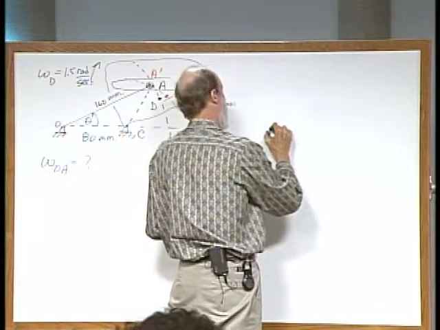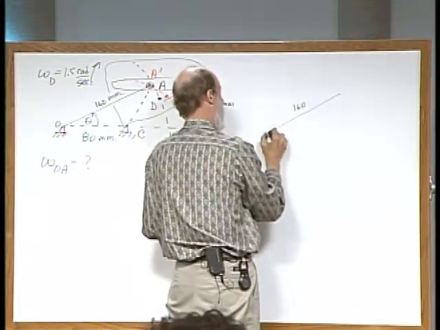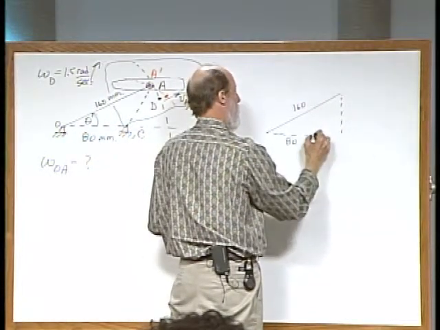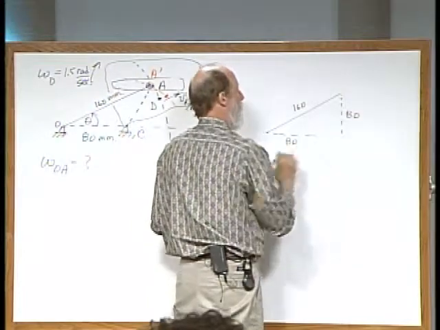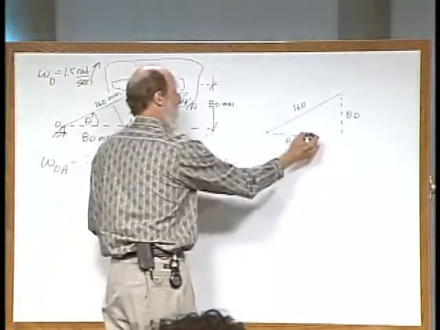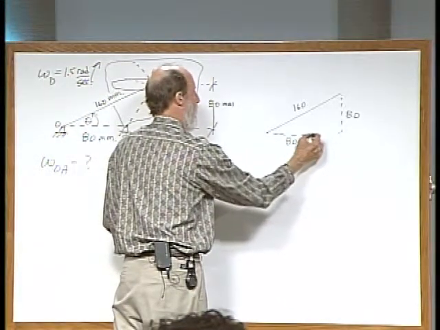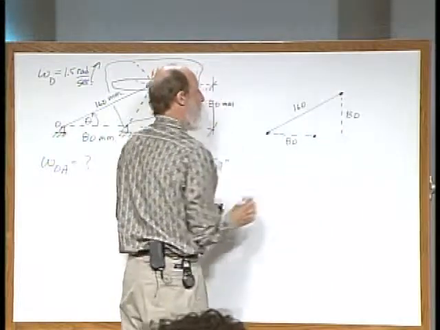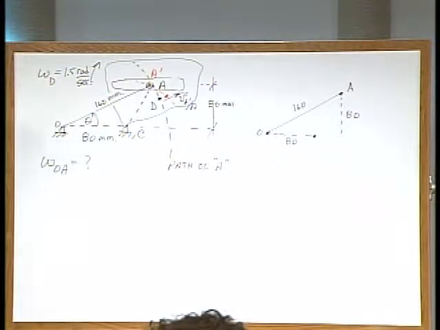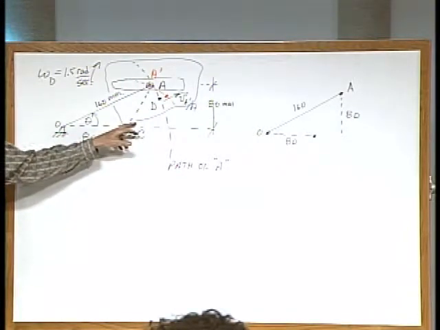Extra sketches are sometimes useful. So we've got our geometry. Find a geometric relationship between that angle theta and the angle of CA off the horizontal.